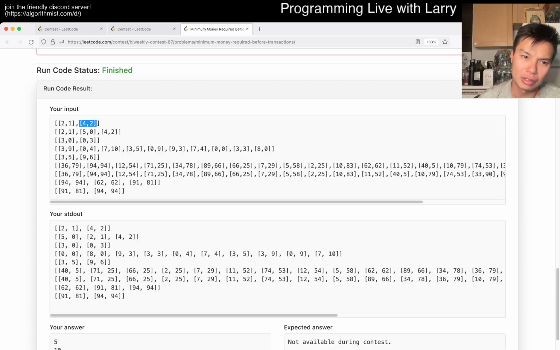Meaning that that transaction is the last one. Can I brute force on that? And so then it's 4 minus this.